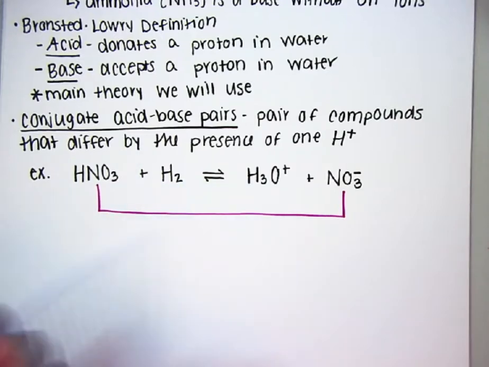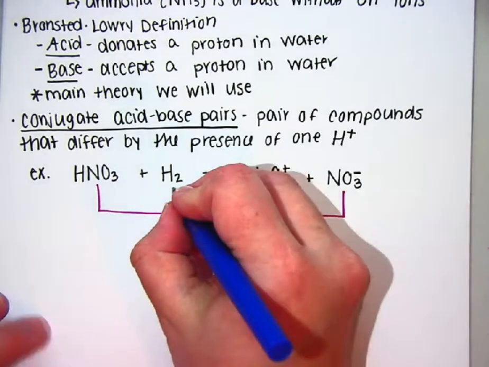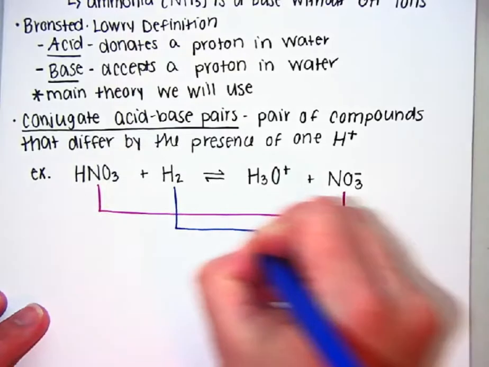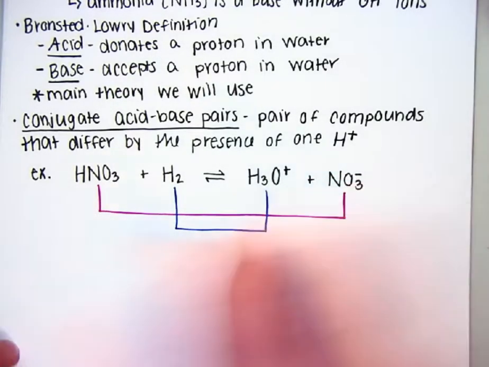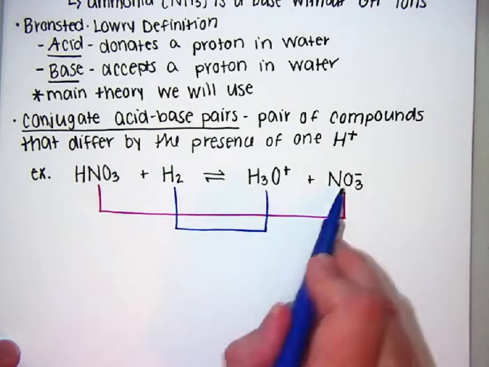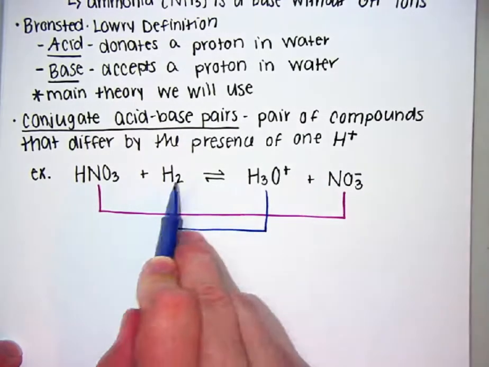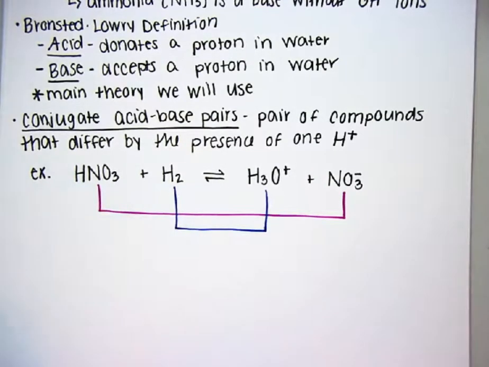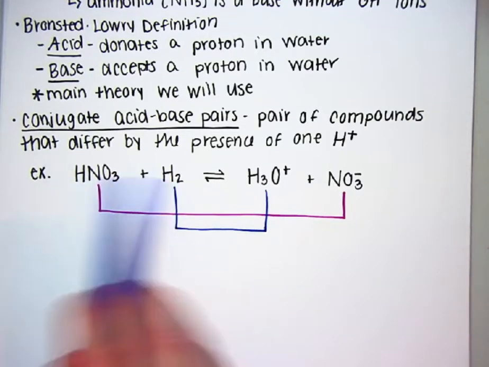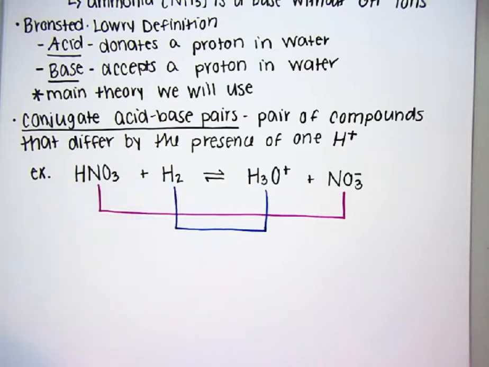H2O and H3O differ by one proton. This is a conjugate acid-base pair. This is a conjugate acid-base pair. When you're identifying, the acid and the base will always be on the left-hand side of the arrow. So we need to figure out which one is the acid.